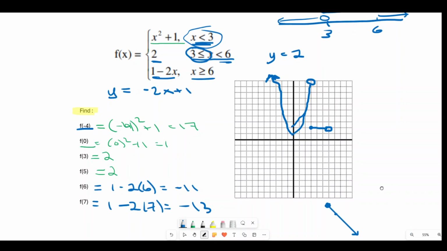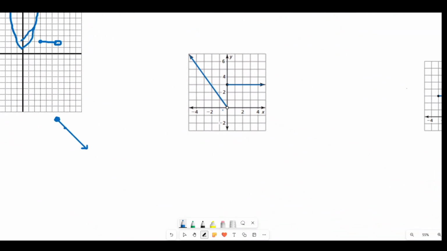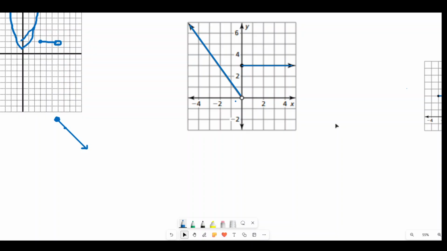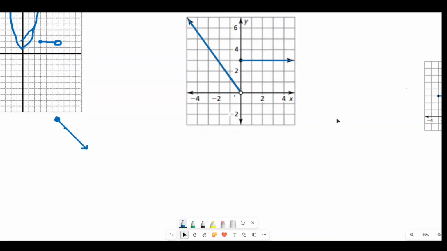So let's look at sort of the reverse scenario, which is where I'm giving you the graph, and I want you to write the equation of this function. So we can see that this function has been split into 2 pieces. So I've got the first piece, which goes until 0, and then the other piece which goes from 0 and above.